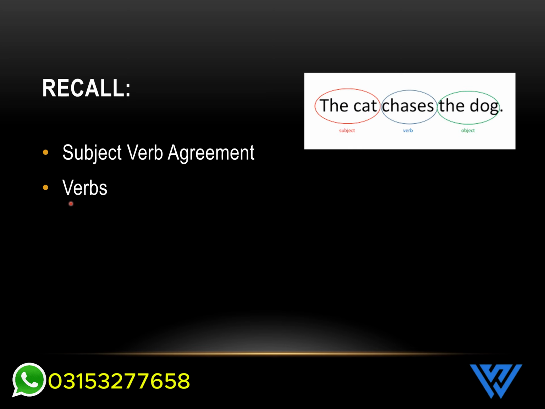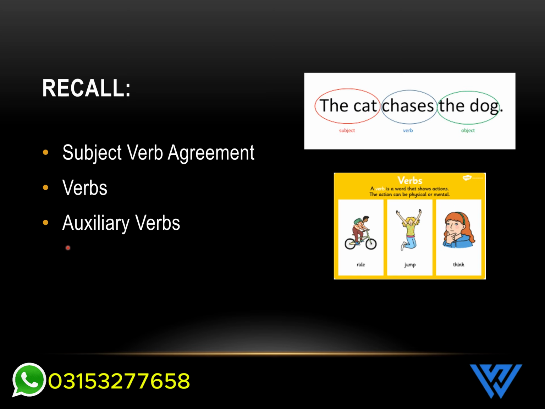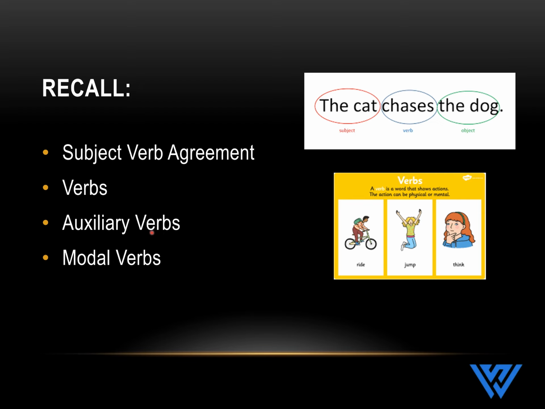Moving on to auxiliary verbs. Do you have any idea what are auxiliary verbs? So auxiliary verbs are helping verbs. Helping verbs help us tell in which tense the work is done. For example, the girl is playing. Or you can say the girl was playing. If you are using is, it shows that the girl is playing in the present tense.